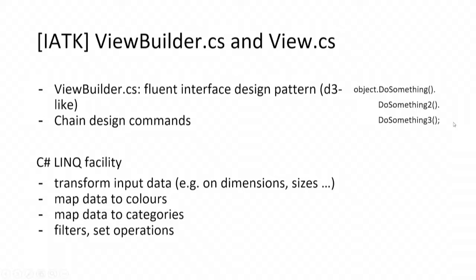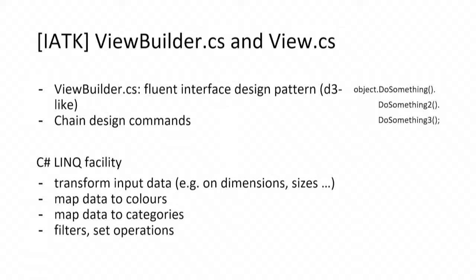And it's a nice way to iteratively design something visual, like a visualization. So we might say we want to visualize this on the x-axis and run it and then see how that looks, and then go, actually now we want to change the size of something else, and we just chain a function along like that. So this really uses what's called a Fluent Design pattern, and you'll see that demonstrated in a minute.